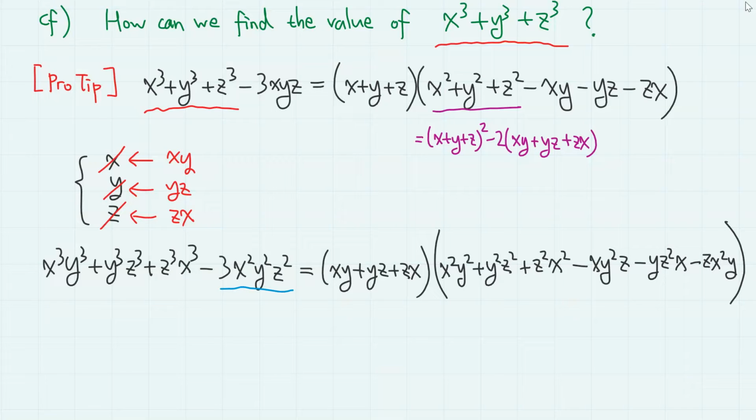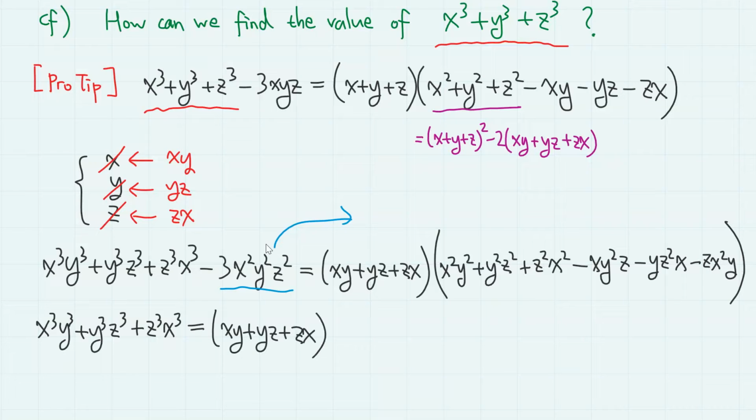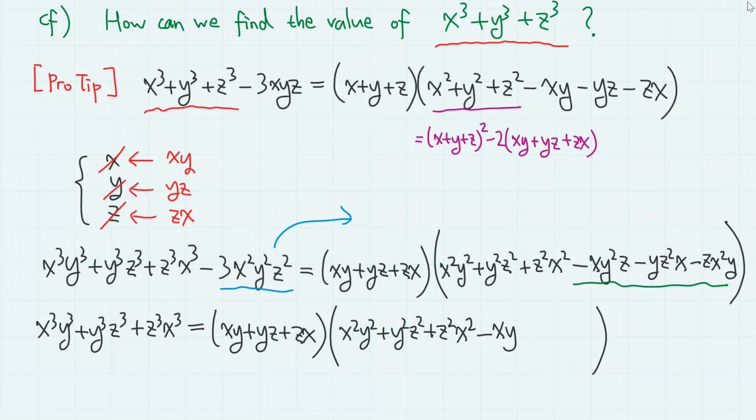So moving 3x squared y squared z squared to the right hand side, we can solve for x cubed y cubed plus y cubed z cubed plus z cubed x cubed, which equals xy plus yz plus zx times this, minus, and this part becomes xyz times x plus y plus z.